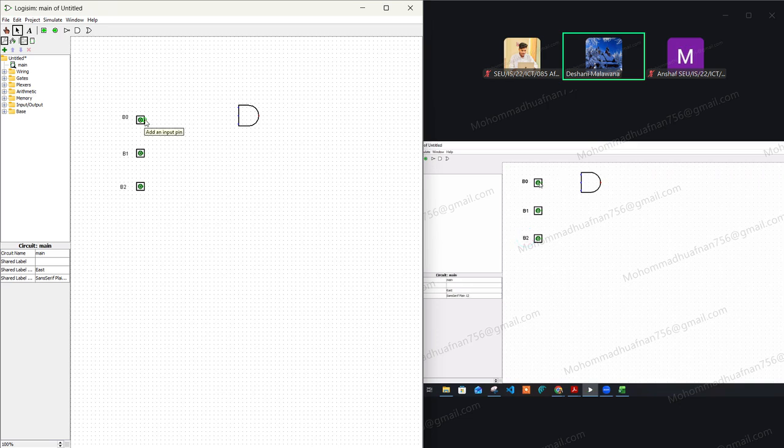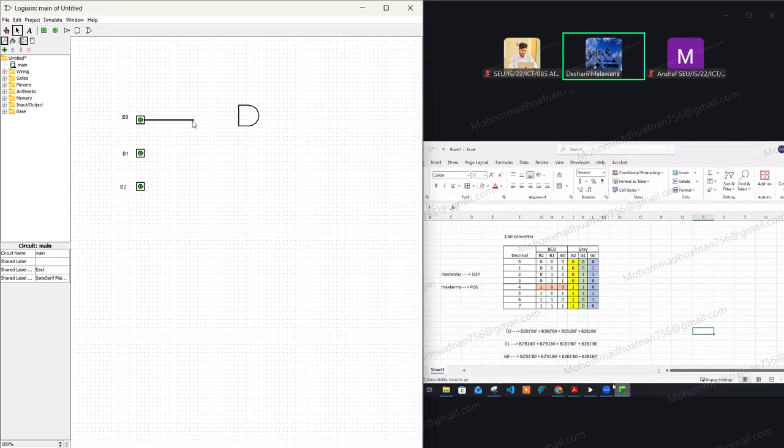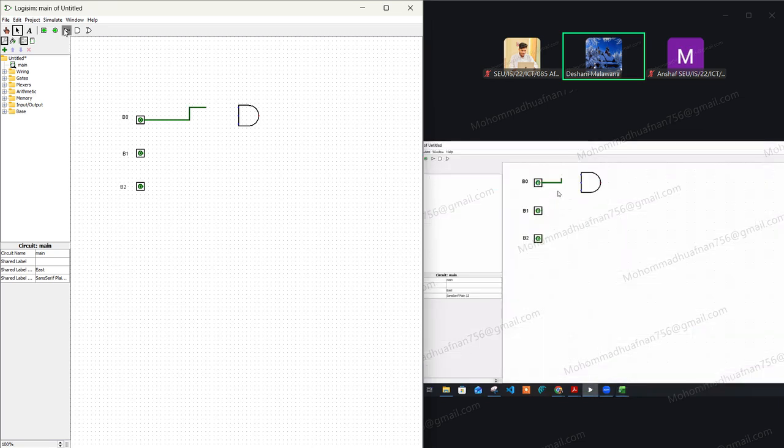Okay, so here first we need to check G1. So B2, B0 is going to be normal, and the other two should be true, through an AND. So we take that one here, and we take the same copy of here.